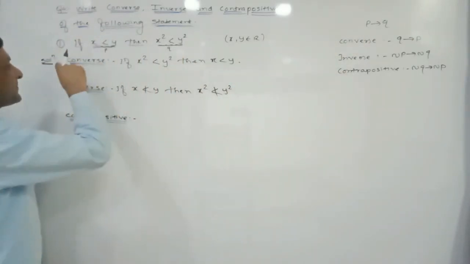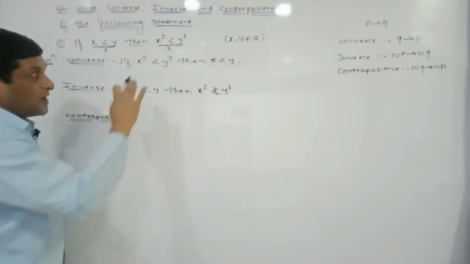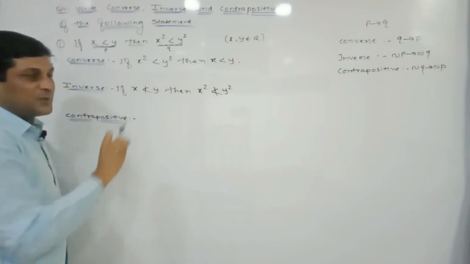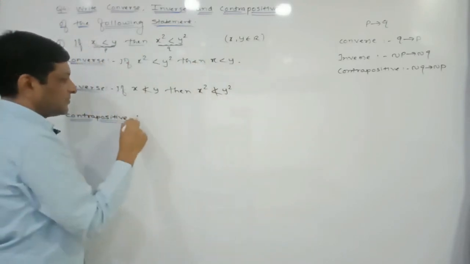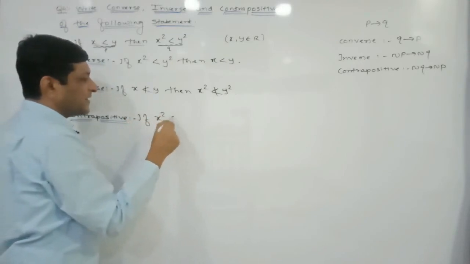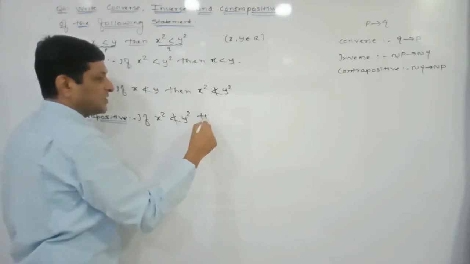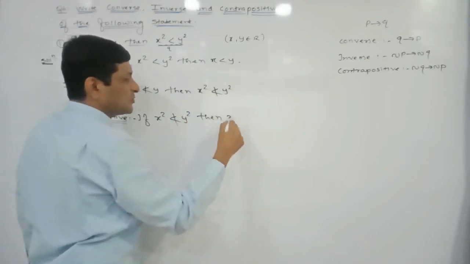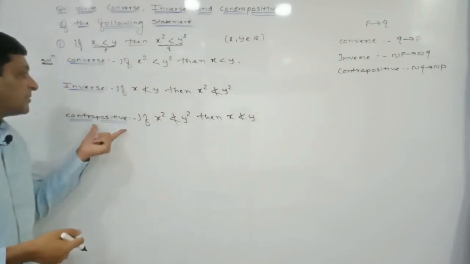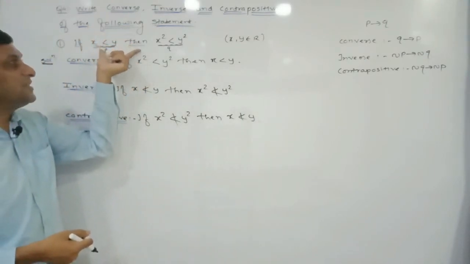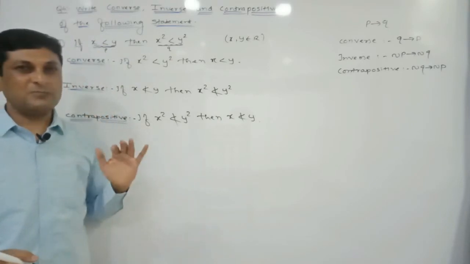So this is the converse, Q implies P. In both the parts use negation, so here negation Q, and here we require negation P. So if x square is not less than, I am replacing less than by not less than because we are using negation in the first part. In the same way use the negation in the second part. The new statement you get is the contrapositive of the given statement. In this way we are finding the converse, inverse and contrapositive of the statement.